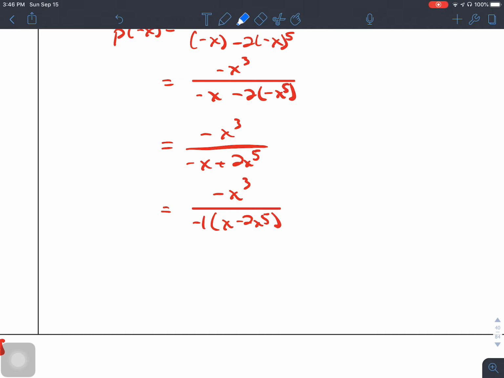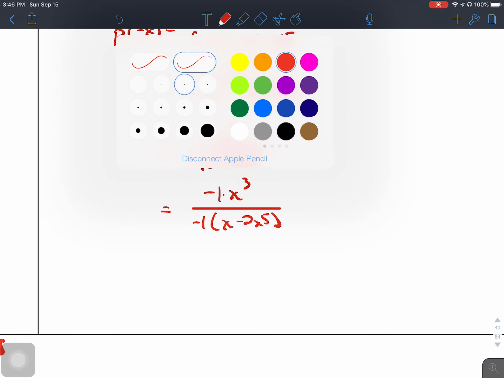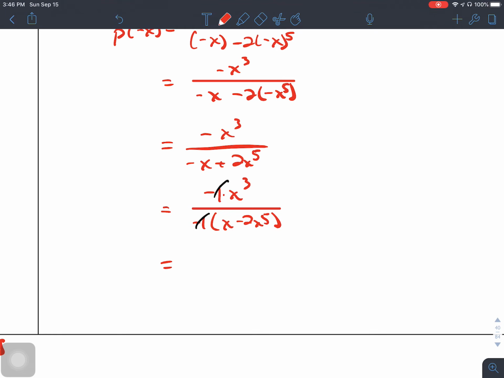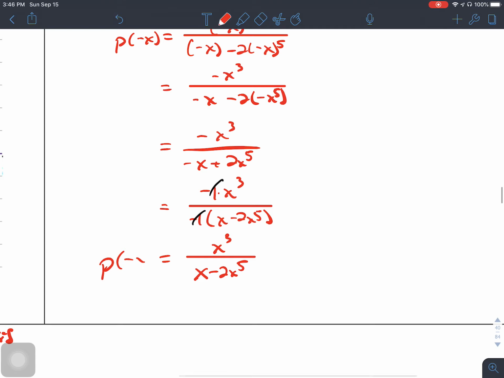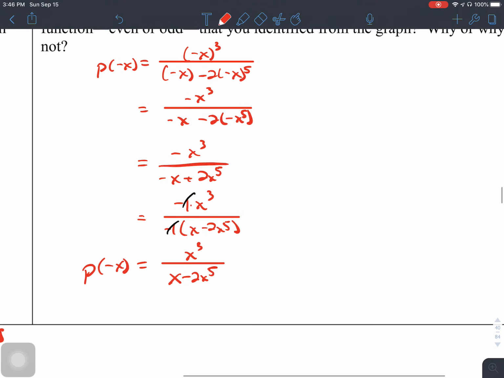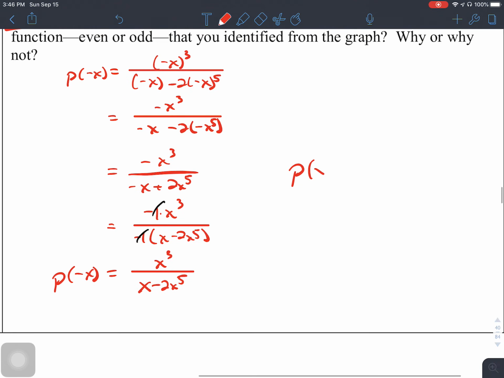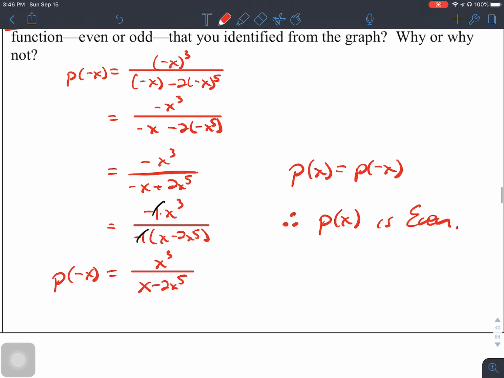For that matter, you can factor a negative 1 out of the top. And then if you cancel those, what you're going to find is that this, in fact, is identical to the original function. P of negative x is the same as p of x. Therefore, p of x is even.